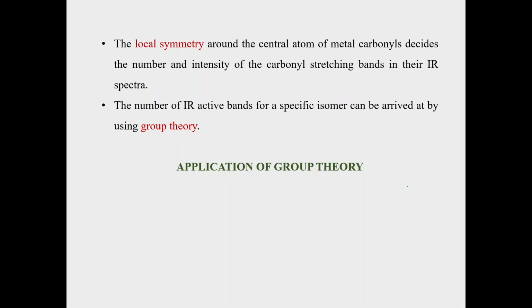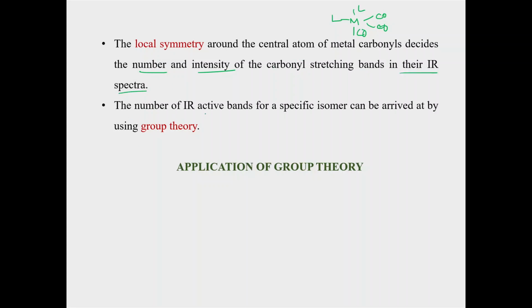Now the local symmetry around the central atom, here it is trigonal bipyramidal, as we saw, with L, L, CO, CO, CO. This local symmetry around the central atom of metal carbonyls decides the number and intensity of the carbonyl stretching bands in their IR spectra.